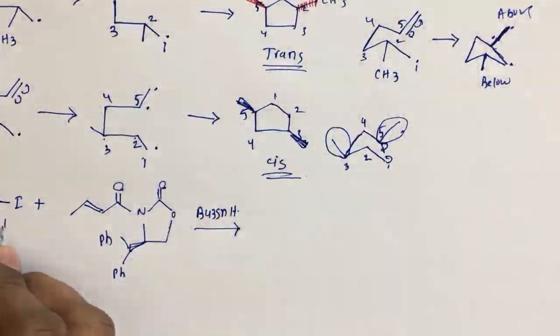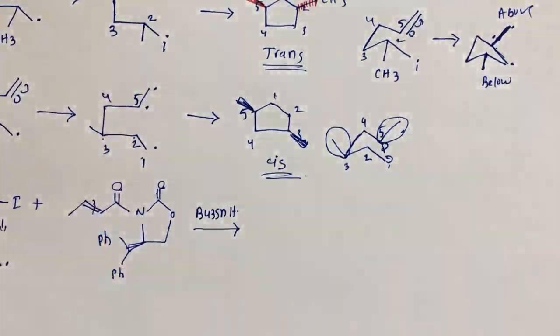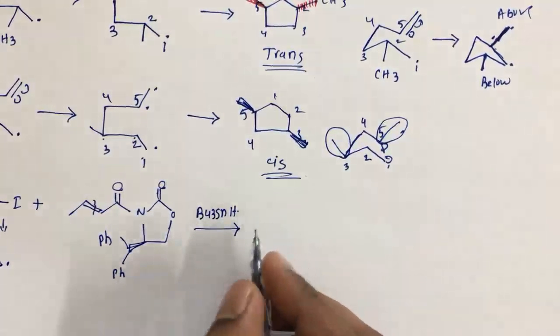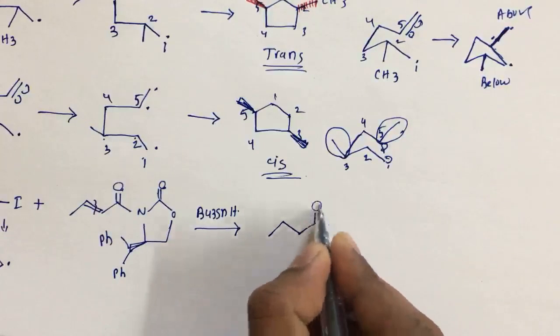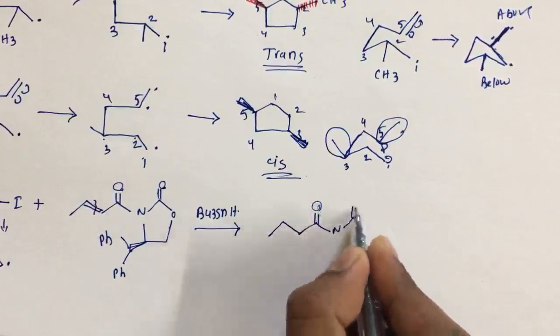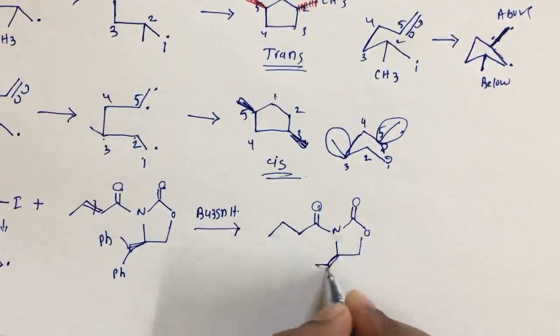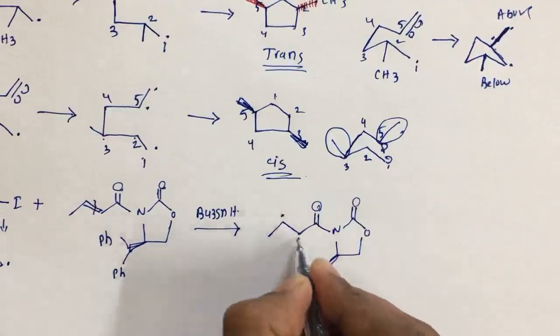So we know that here we will get this radical, and this gets a homolytic cleavage. Okay, so now here two radicals are there.